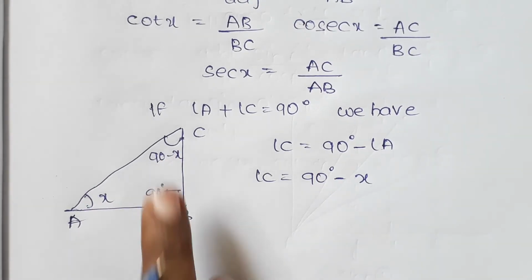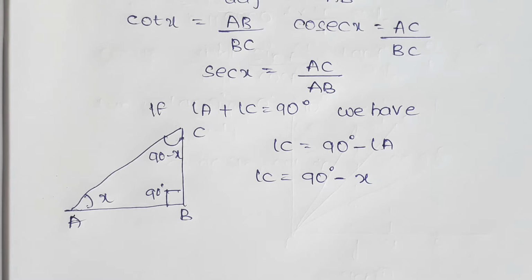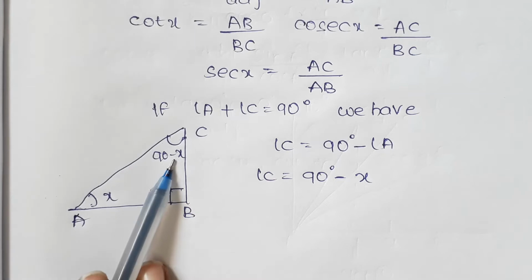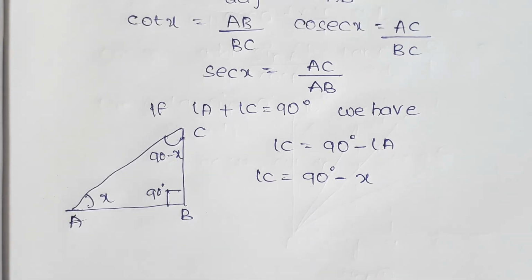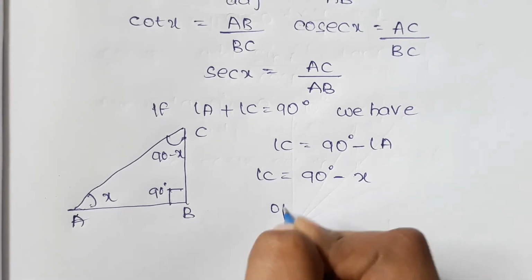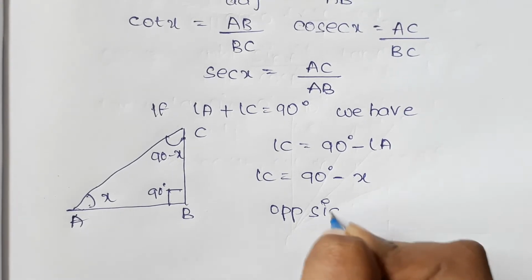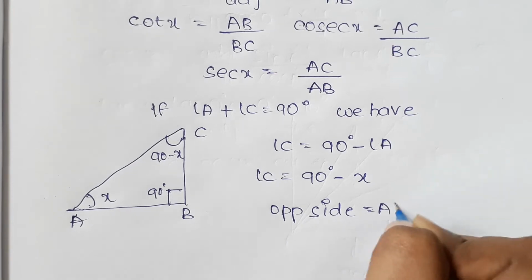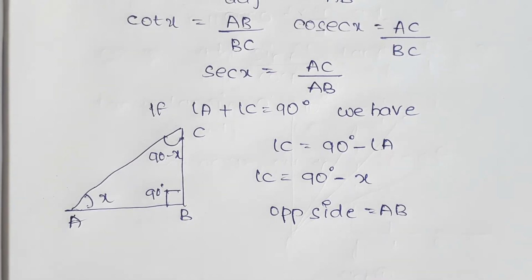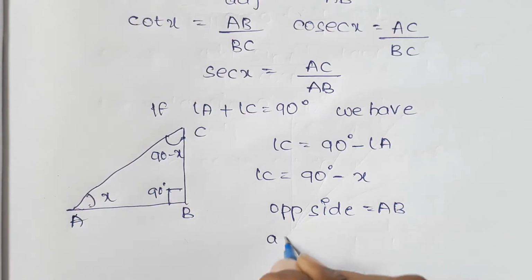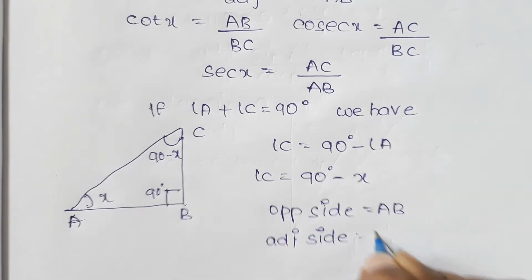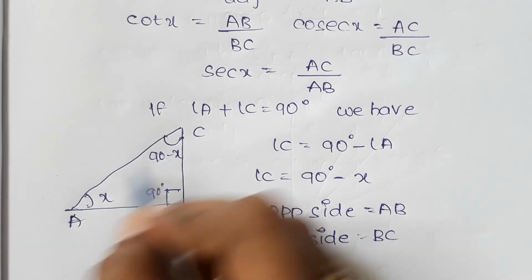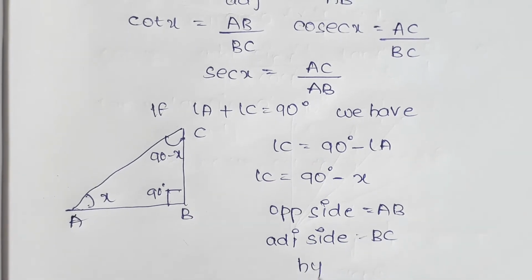Now let us see the opposite side and adjacent side of 90 minus x. Here for 90 minus x, the opposite side is AB and the adjacent side is BC, and the hypotenuse is the common AC.